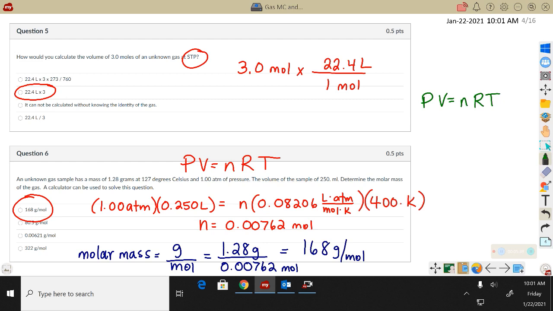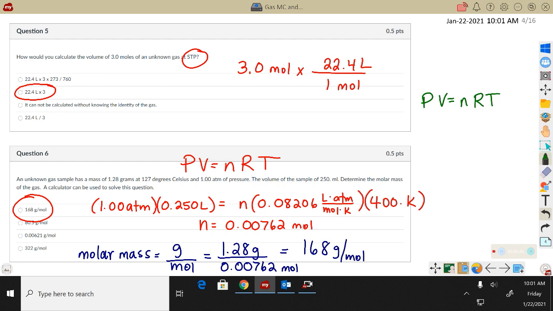And then T would be standard temperature, which the equation packet tells you is 0 degrees Celsius or 273 Kelvin. And then they give you standard pressure, 1 atmosphere or 760 torr. If you plug those variables in, the units of STP, and solve for volume, you would get 22.4 liters.